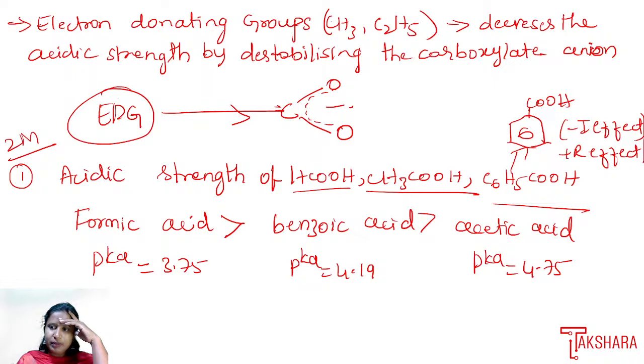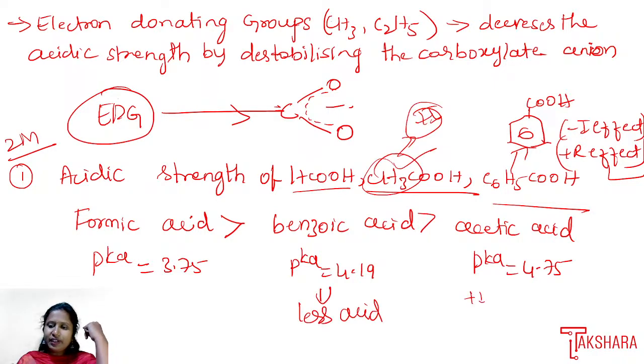Polarity is developed away from the more electronegative element, and also the plus R effect influences the phenyl ring. So in benzoic acid, between the plus R effect and minus I effect, the plus R effect is predominant, therefore we can say benzoic acid is less acidic than formic acid. Okay, less acidic than formic.